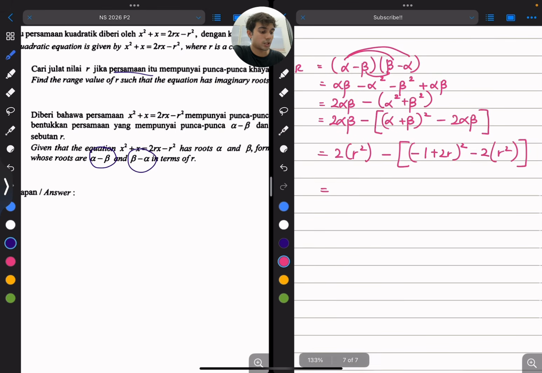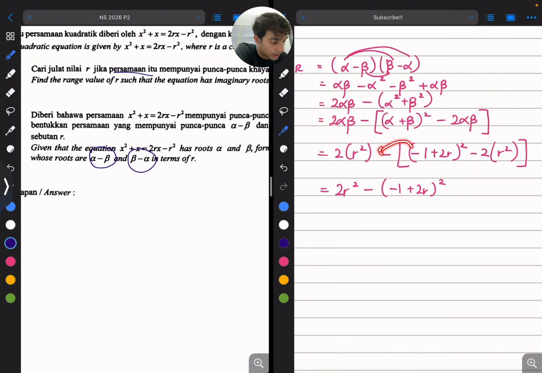So 2 times r square is 2r square. Then we expand this. I'm just going to open the bracket first, multiplying the negative in, I get plus 2r square. So 2r square plus 2r square is 4r square.